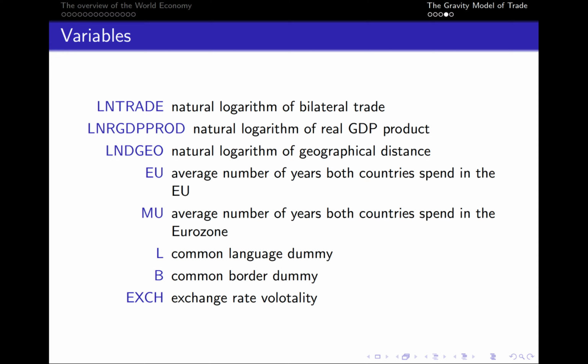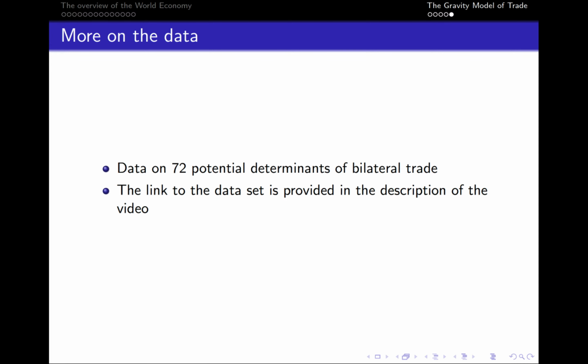Okay, so in the next part, we are going to estimate the model. But before we do so, I just wanted to tell you a little bit more about the dataset. I actually created a dataset with 72 potential factors that could influence bilateral trade.